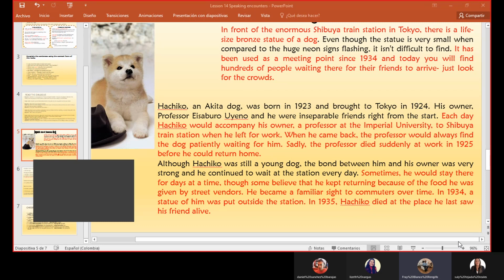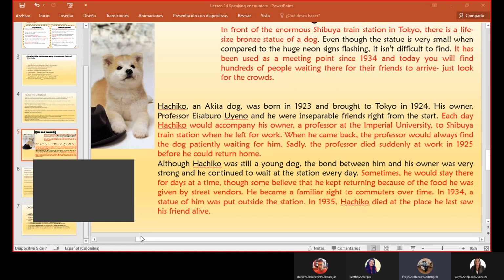Although Hachiko was still a young dog, the bond between him and his owner was very strong, and he continued to wait at the station every day. Sometimes he would stay there for days at a time, though some believe that he kept returning because of the food he was given by street vendors.